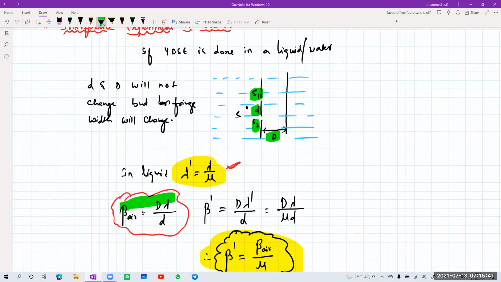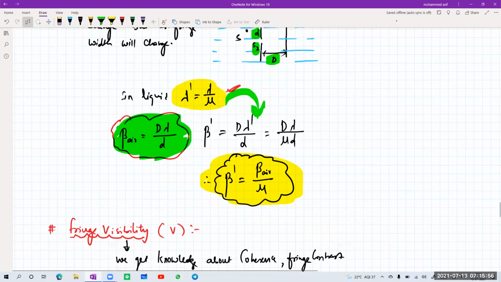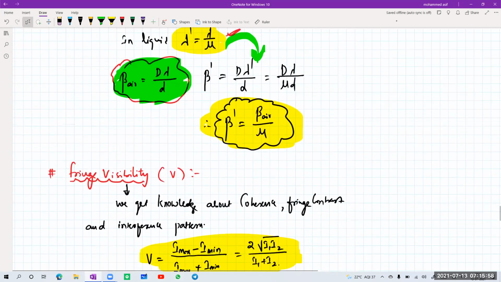So beta in air equals D lambda by d, and beta in water equals D lambda dash by d. Substituting lambda dash, it is D lambda by mu d. So the fringe width in water will be 1 by mu times the fringe width in air.